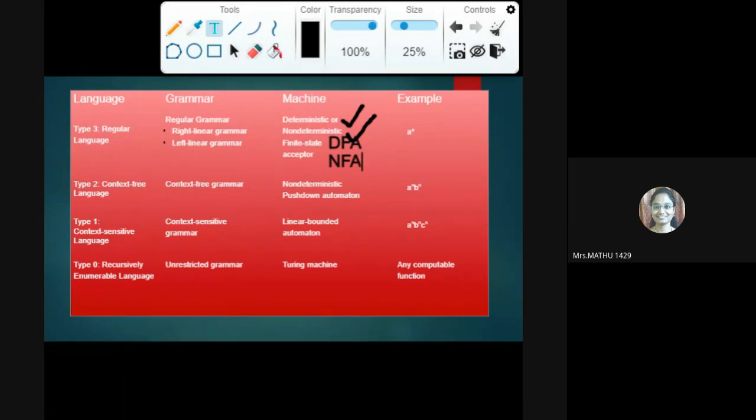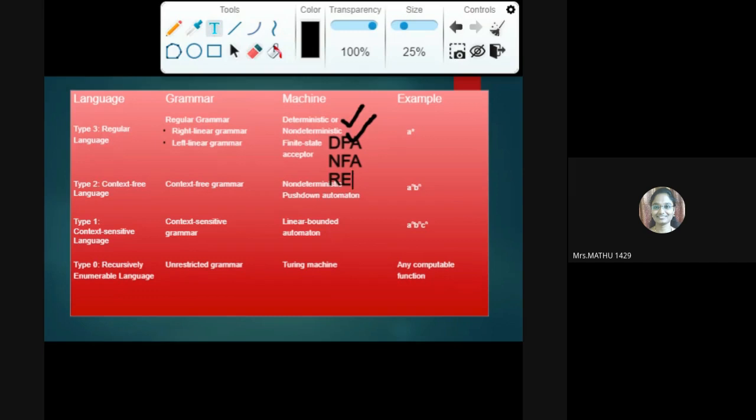In the previous classes, we have studied regular expressions. A regular expression is another notation to represent this regular language. What we are going to prove is that all these are equivalent.